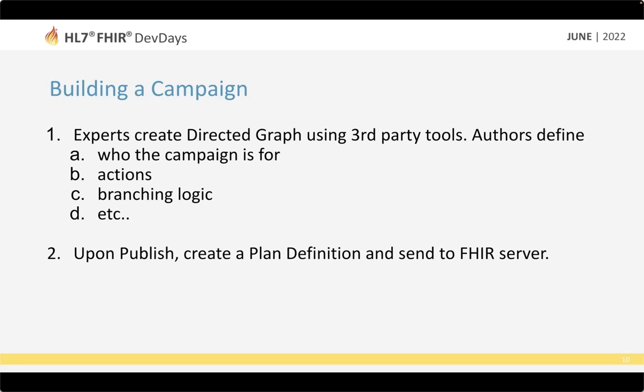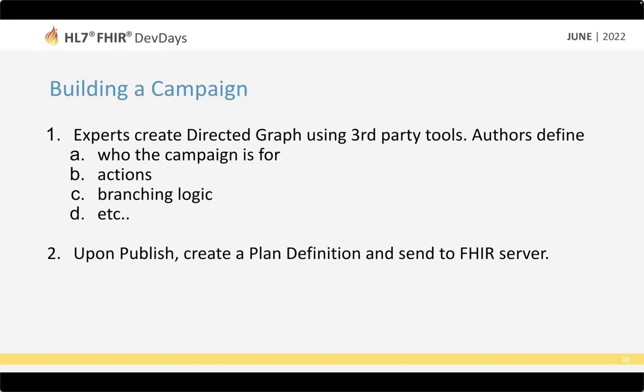And if they need, they can also define branching logic. Upon publishing the campaign, our systems take the output of these third-party tools and we generate a FHIR plan definition from them, which we then send to our FHIR server.